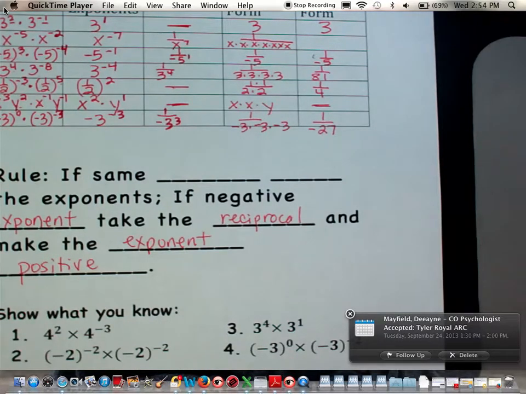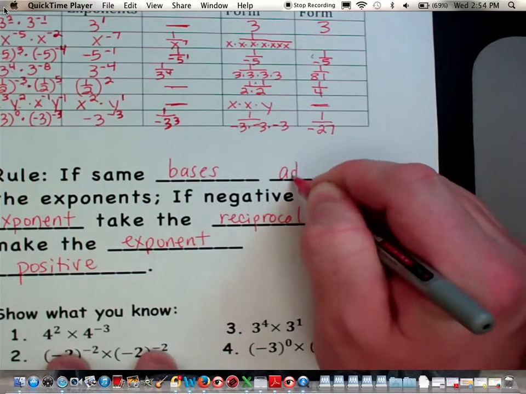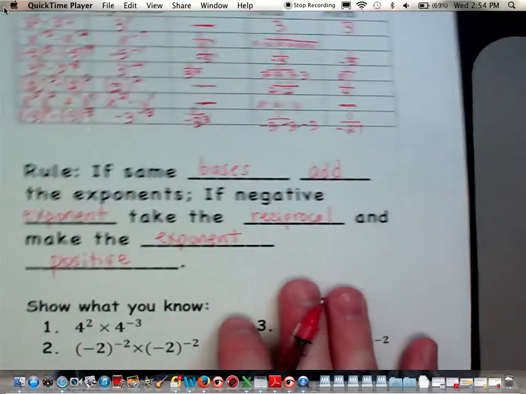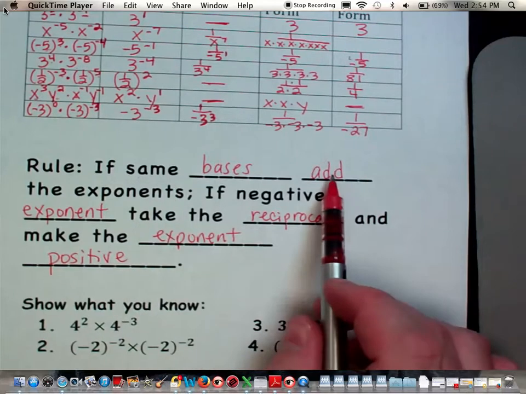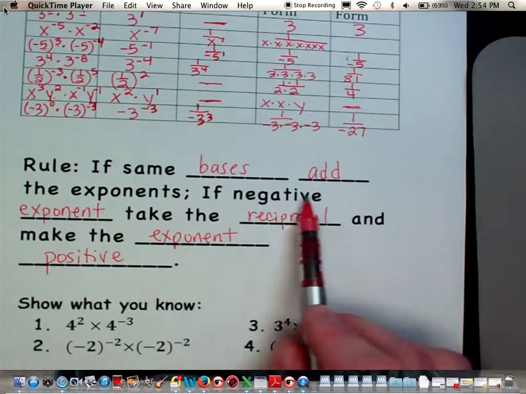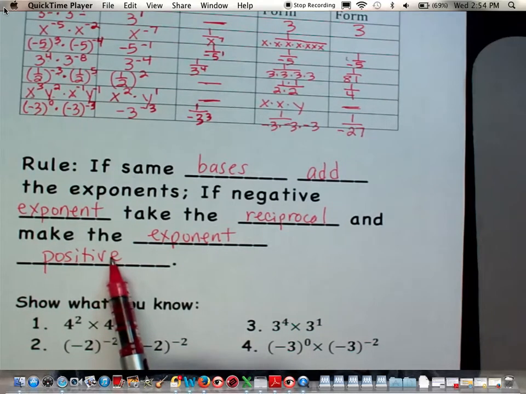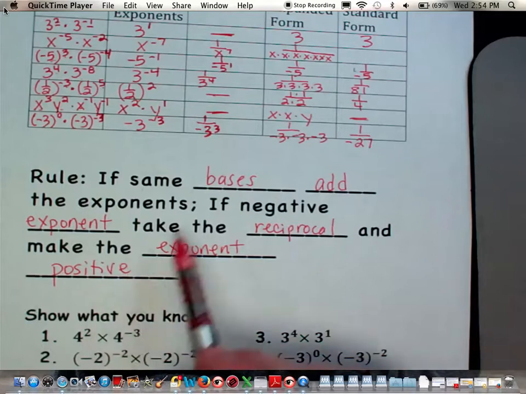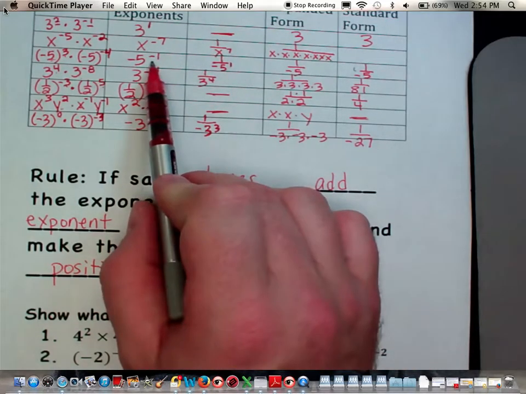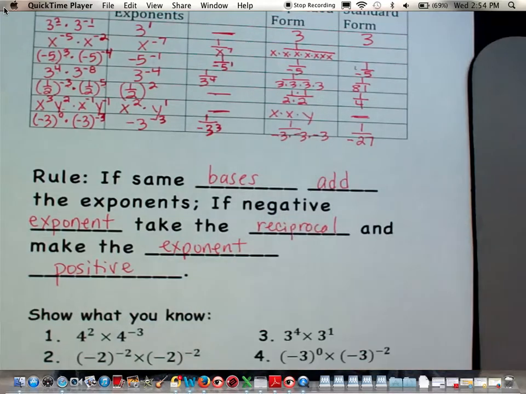Okay? If the same bases, add the exponents. That's what it is. Tongue twister. So if the bases are the same, we add the exponents. If the negative exponent, we take the reciprocal and make the exponent positive. That's the only difference that we have to do. If we add them together and we get something that's negative like this, we've got to take the reciprocal and make sure that's positive in this case.